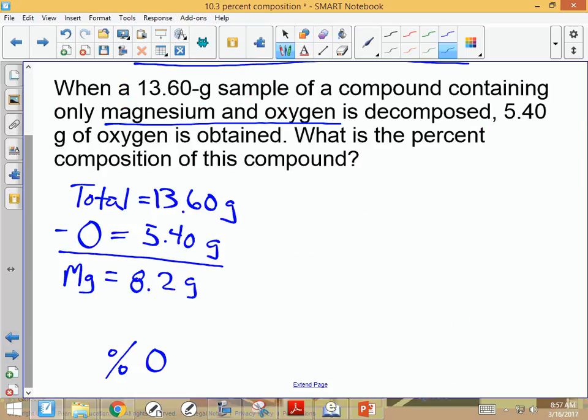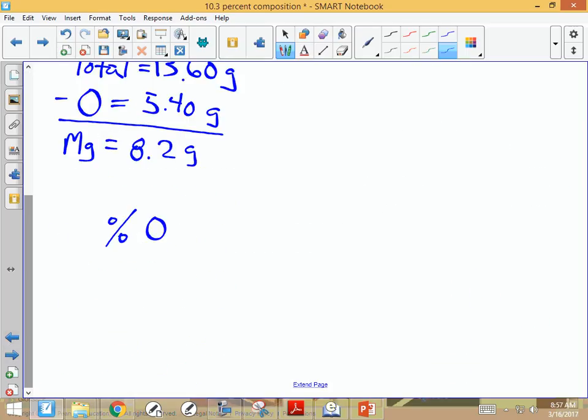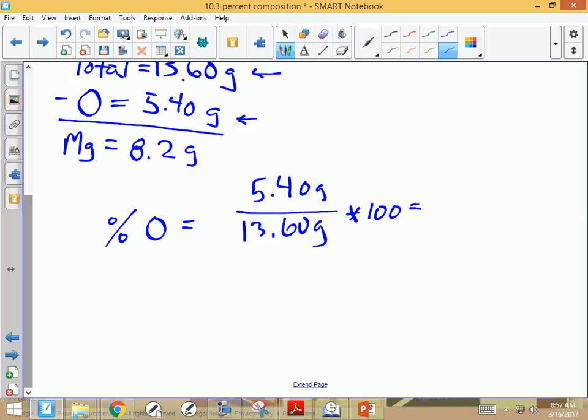So, percent by mass of oxygen will equal the mass of the oxygen, which I'm taking from above, that's right here, and the total mass, which is 13.6 grams. Multiply by 100, and that gives me percent oxygen by mass.